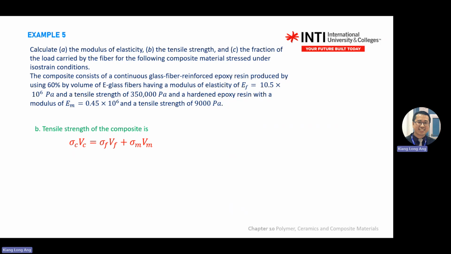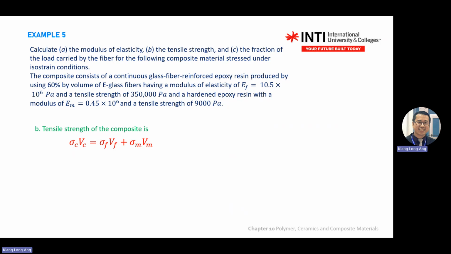Another one, tensile strength, same. You convert this formula. E_C equal to modulus Young fiber multiplied by volume plus modulus Young matrix multiplied by volume matrix. Of course, before the volume, you know that you can also use A also. But typically we use volume.